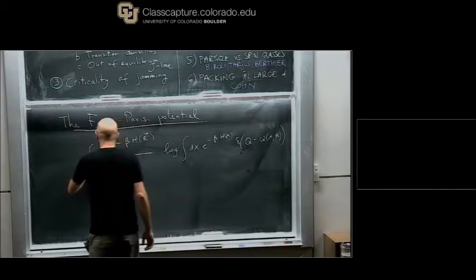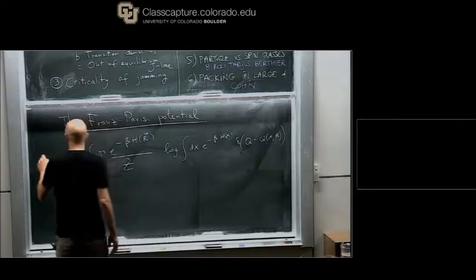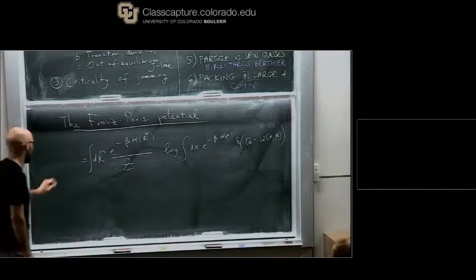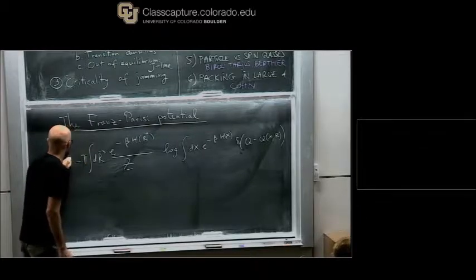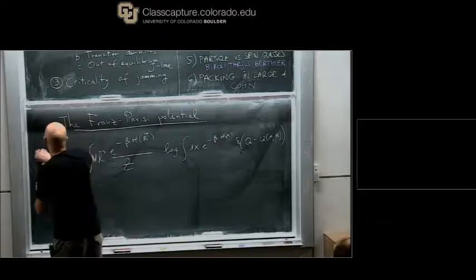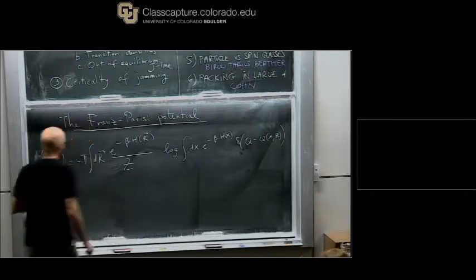And then you average over the first. And this will give you the Franz-Parisi potential that has been called V. There is a minus T. OK, this is the Franz-Parisi potential, V of Q.